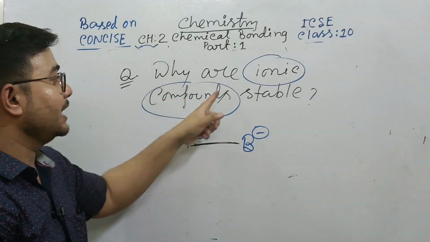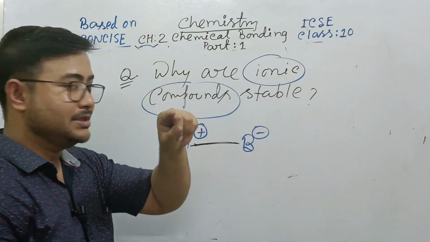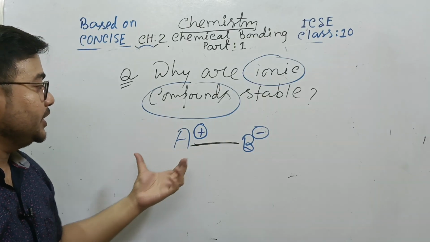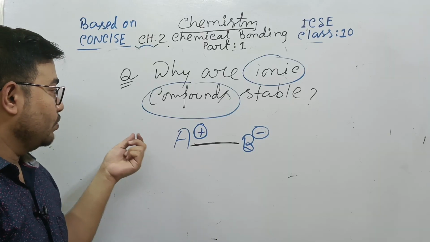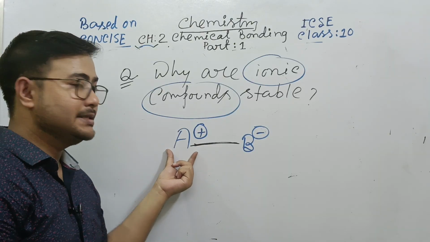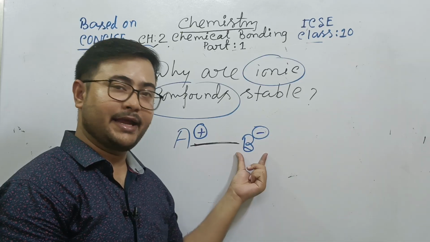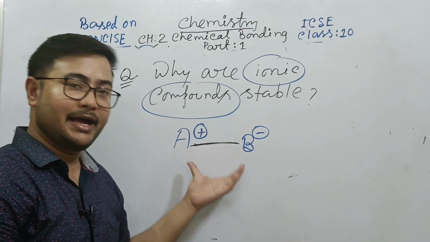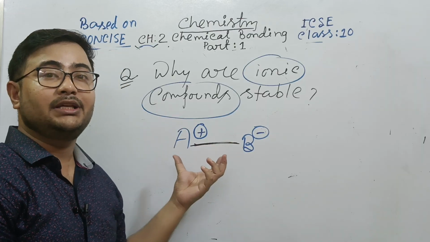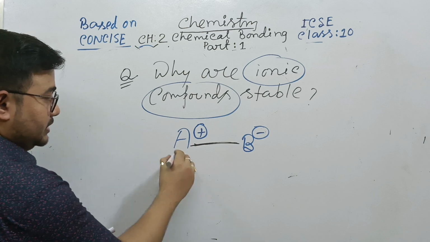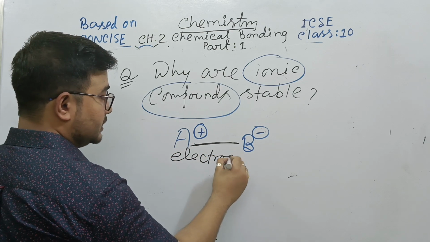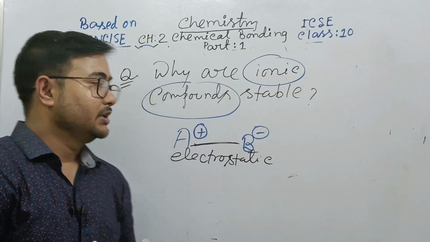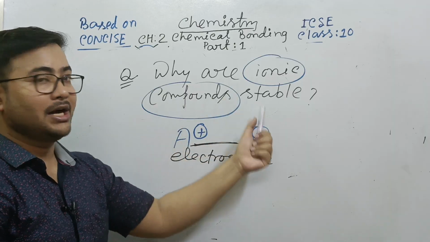So why are ionic compounds stable? Your answer is, write down: ionic compound forms between two ions where one ion is a cation and another ion is an anion. Since they are oppositely charged ions, there is a strong electrostatic force of attraction. That is why ionic compounds are stable.